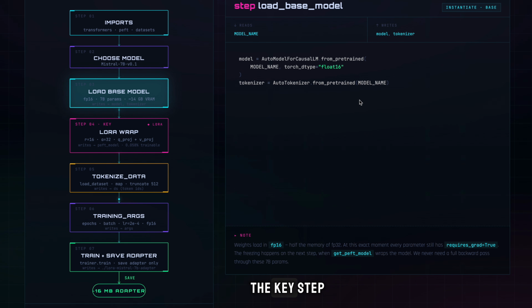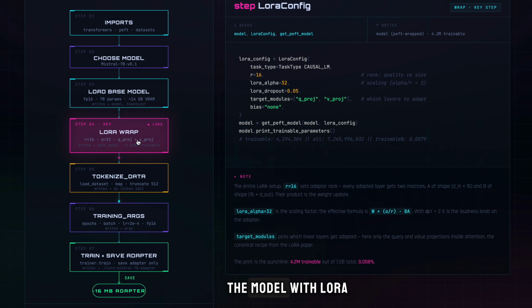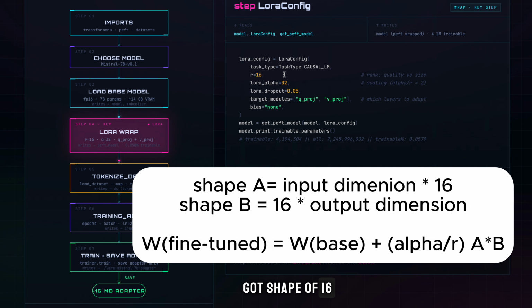The next step, which is the key step, is to wrap the model with LoRA. We create a LoRA config object that describes our adapter. We set the rank to 16. This means that for every layer we adapt, we are going to add two small matrices. Matrix A has a shape of input multiplied by 16, and matrix B has a shape of 16 multiplied by output.